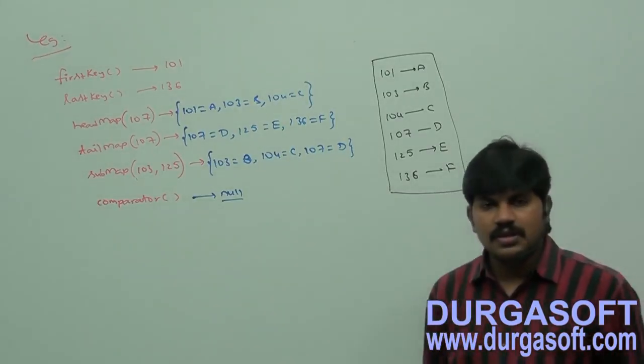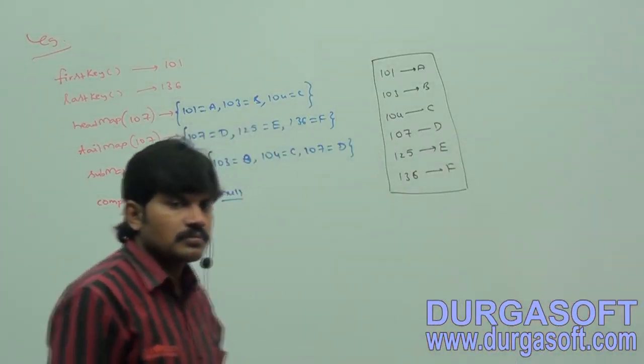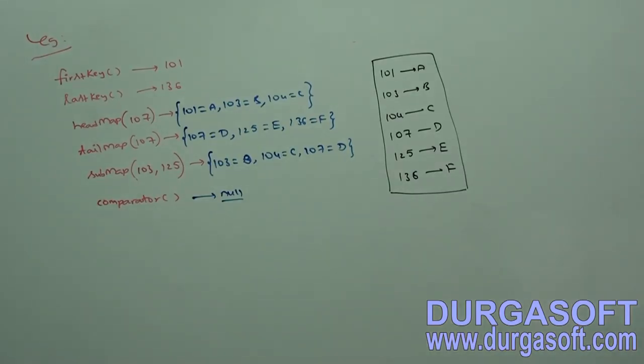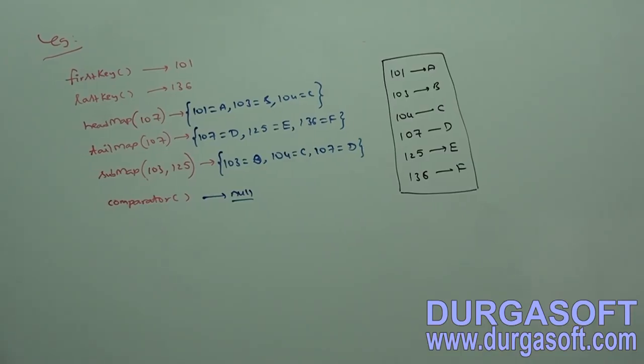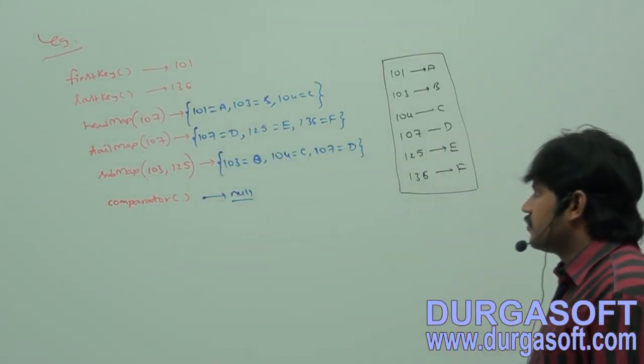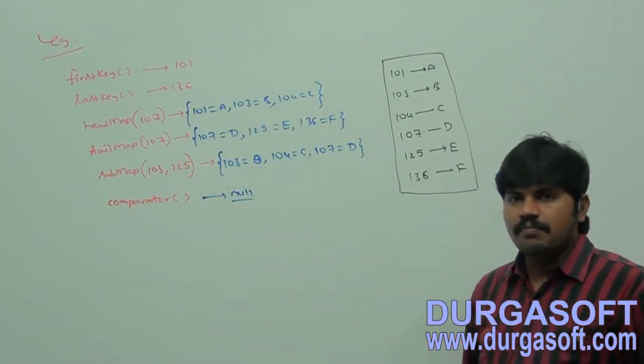Comparator itself is nothing but null. Completed, I hope. First key, last key, head map. Next tail map, sub map.